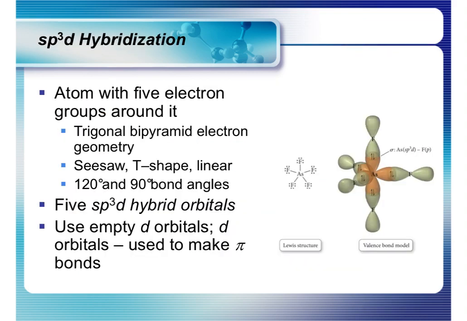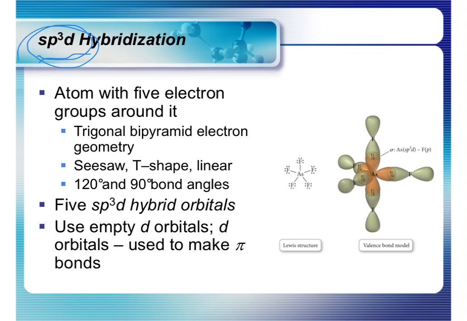All right, so we're going to move on now. What about the molecules we know that have 5 domains or 6 domains? We have run out of s and p orbitals. What do we do? It turns out that if you have 5 domains around a central atom, one of the nearby d orbitals can hybridize with the s and p orbitals. So we end up with what we call sp3d hybridization.